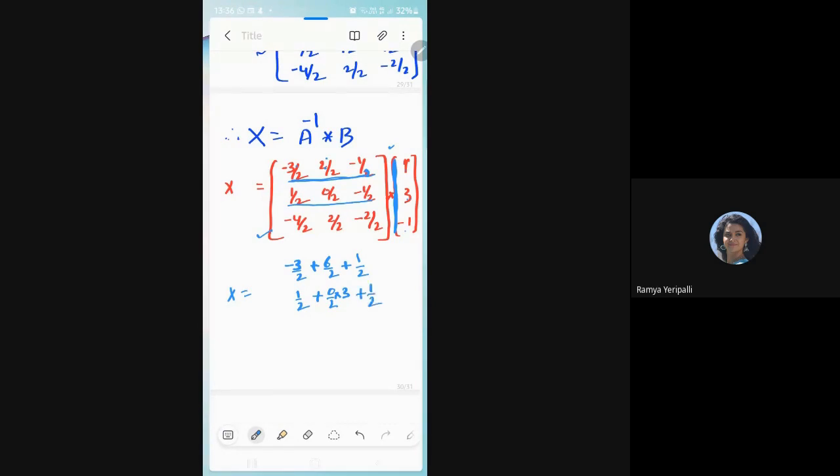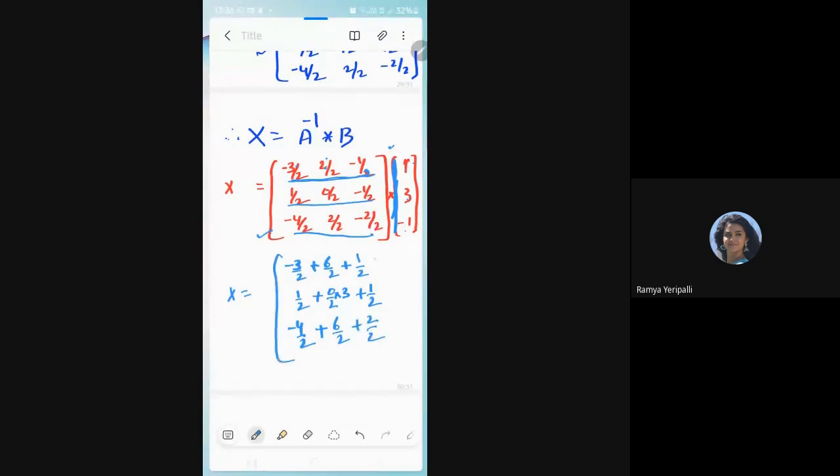This is for the second. Coming to the third row into the same column: minus 4 by 2 into 1 is minus 4 by 2, plus 2 by 2 into 3 is 6 by 2, minus of plus 2 by 2.